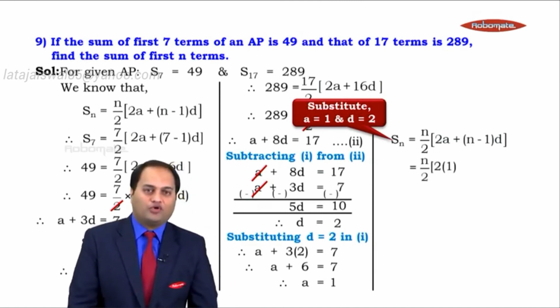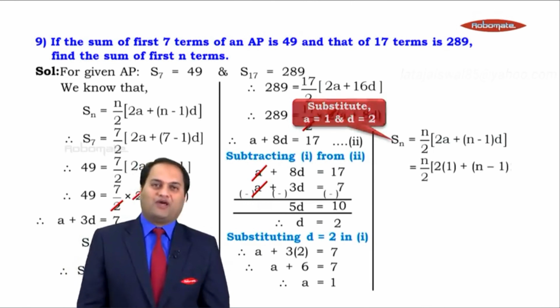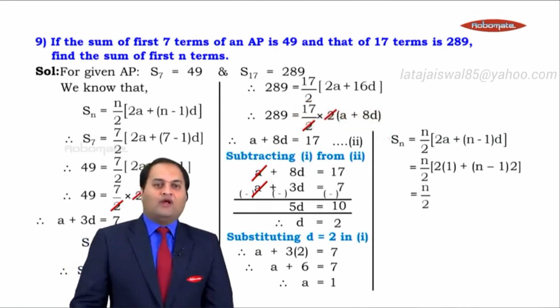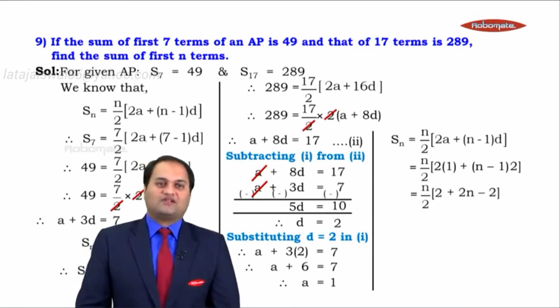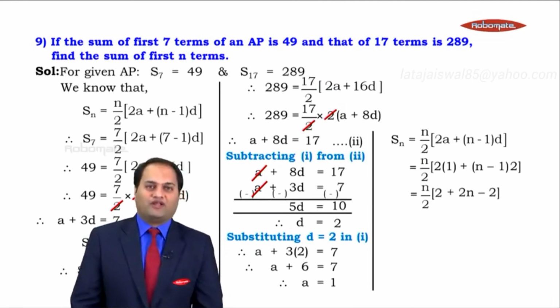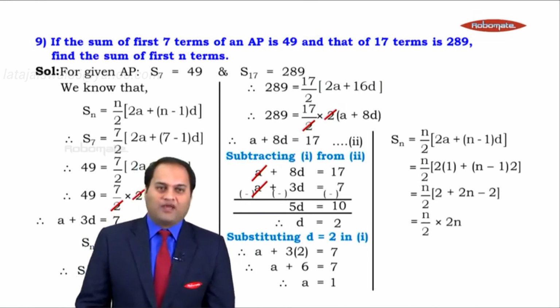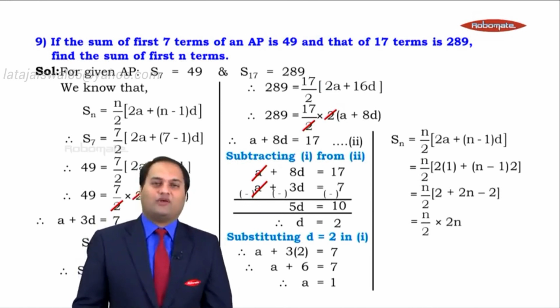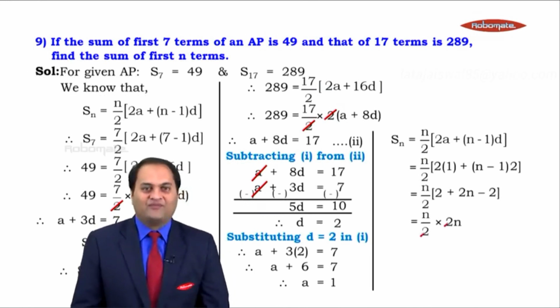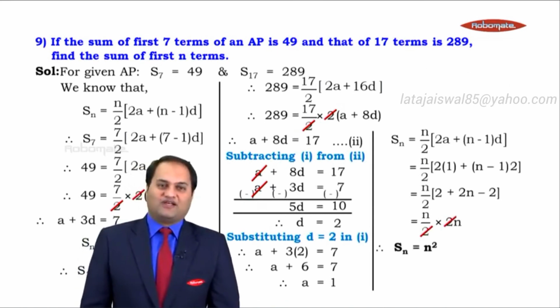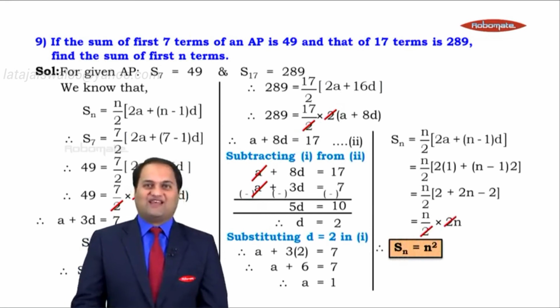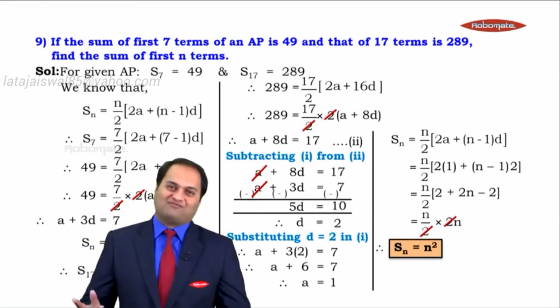We get n upon 2 into (2 into 1 plus (n minus 1) into 2). Let's move further: n upon 2 into (2 plus, open the brackets, 2n minus 2). Plus 2 minus 2 will get cancelled and what remains is 2n, right? Again 2 will get cancelled, you get n into n, that is n square. So the answer is Sn is equal to n square. As simple as that.